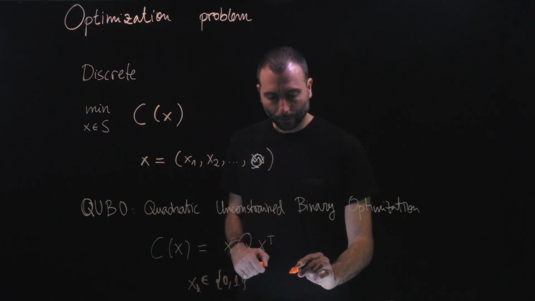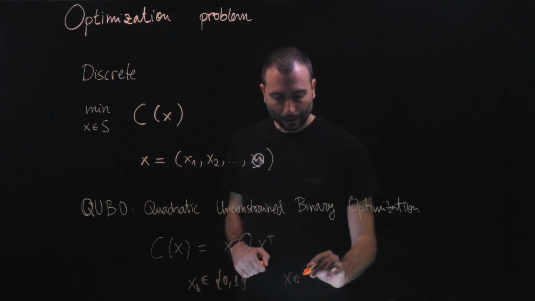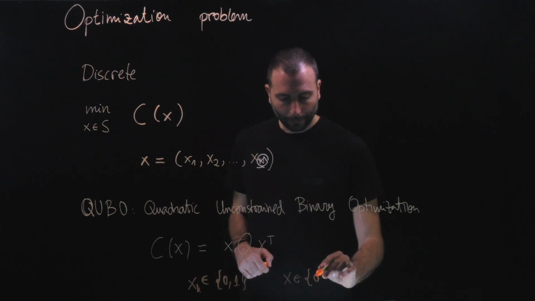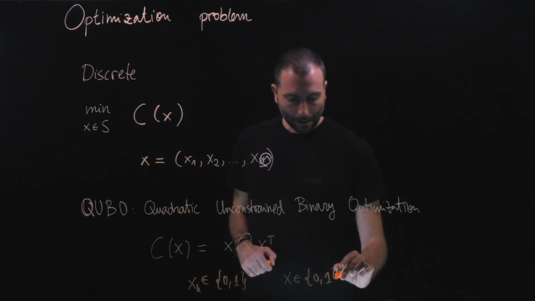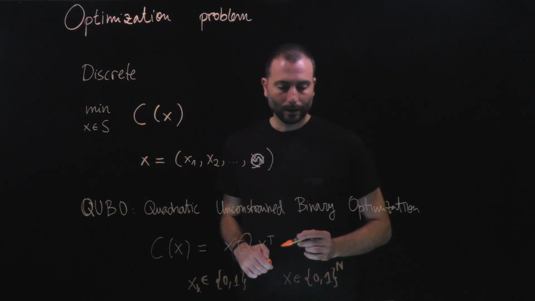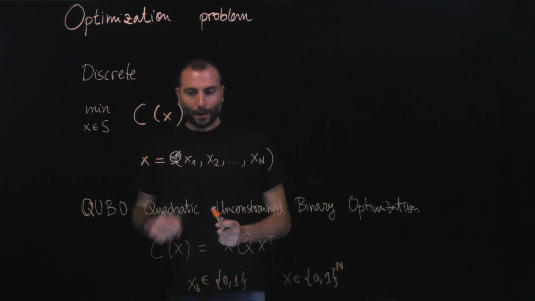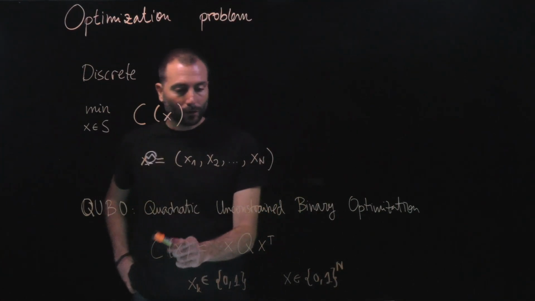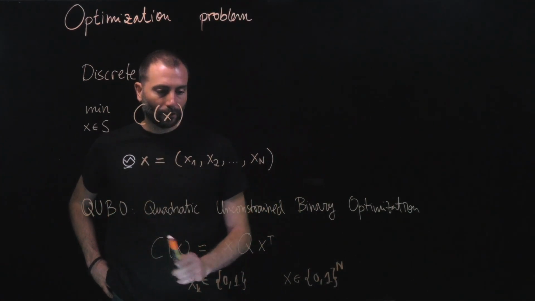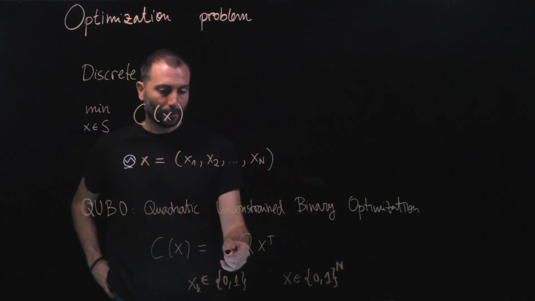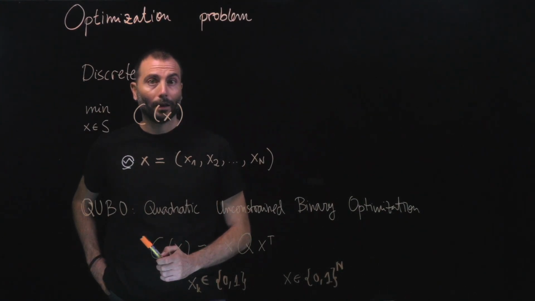If you want, we can write this as x is an element of the power set {0,1}^n. We say quadratic because in the cost function we have quadratic expressions; it's a polynomial of degree 2.